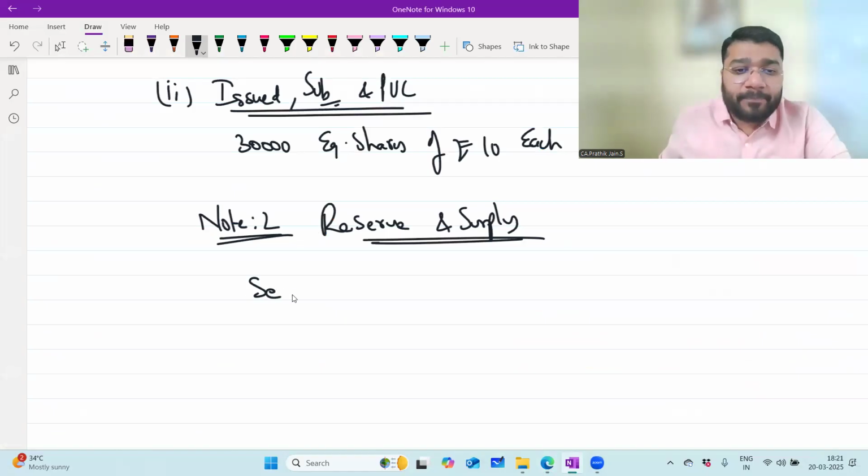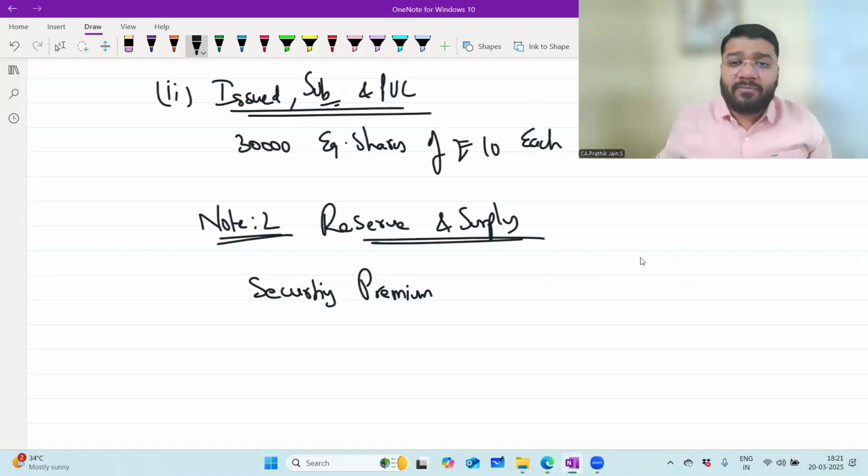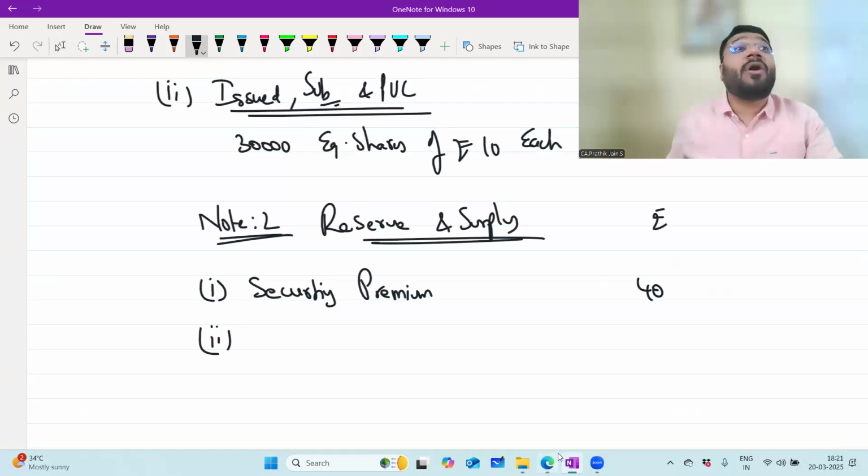So security premium. In the trial balance, already it is 40,000. Did we create or add any security premium, or did we do any adjustments in premium? No. So same 40 will come here, outer column.